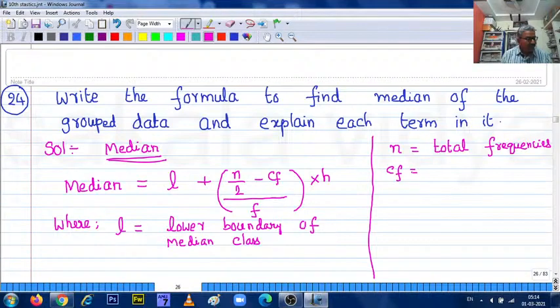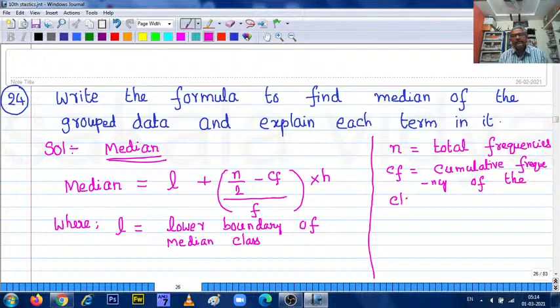CF is equal to cumulative frequency of the class preceding the median class.